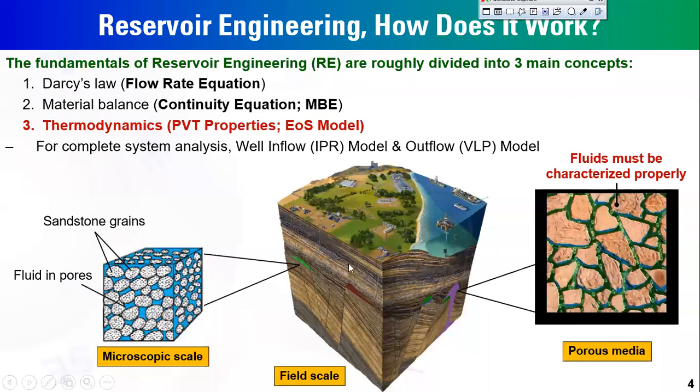We have a set of wells, up to wellhead pressure. So it's important to characterize fluid properties as a function of pressure using PVT experiments or equation of state model. Accordingly, for complete system analysis, we may integrate two additional models, the IPR and VLP models.